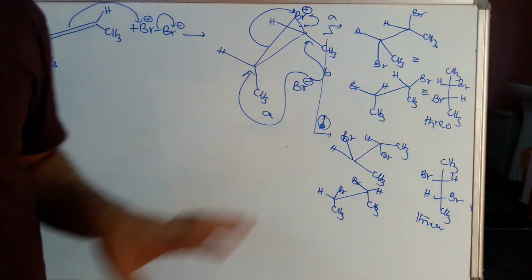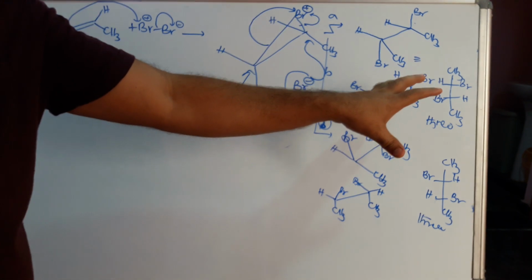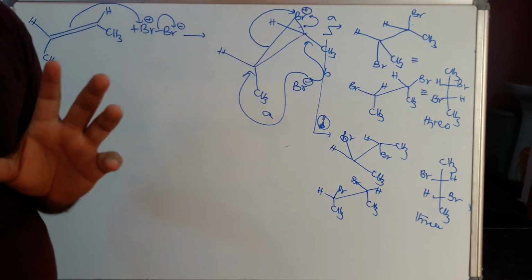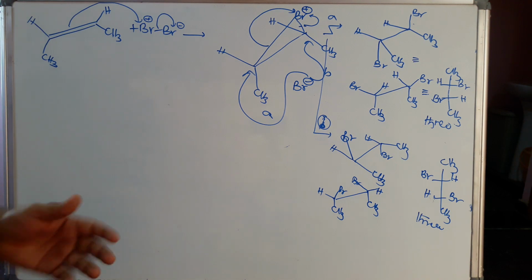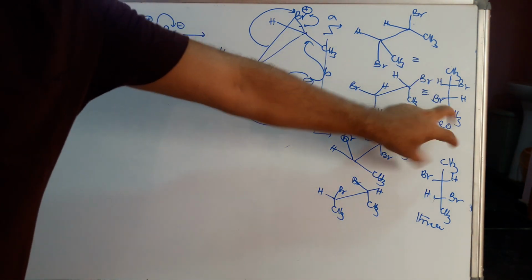Individual enantiomers are optically active, but if these two are placed together in a flask or test tube and you observe the optical property, they are optically inactive, because a mixture of enantiomers is called a racemic mixture. If it is a 1:1 ratio, that is called 50-50%. That's why these two form a racemic mixture.